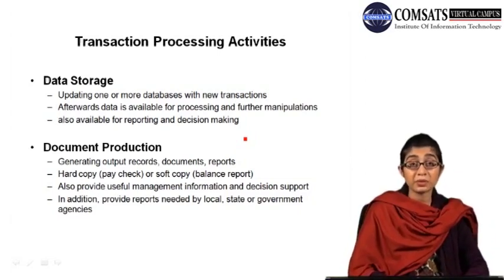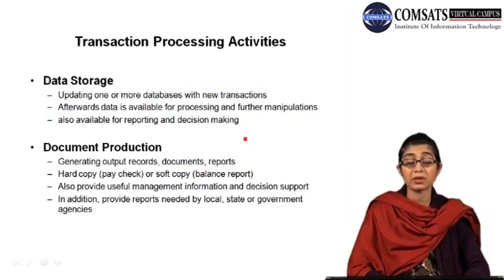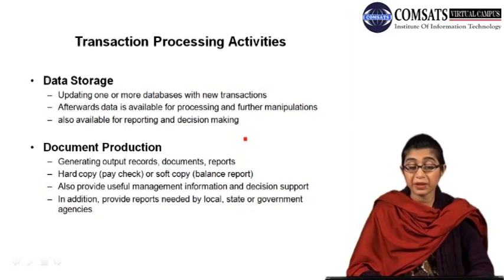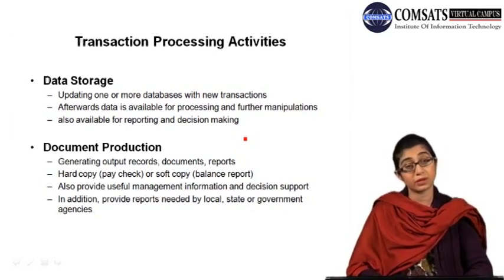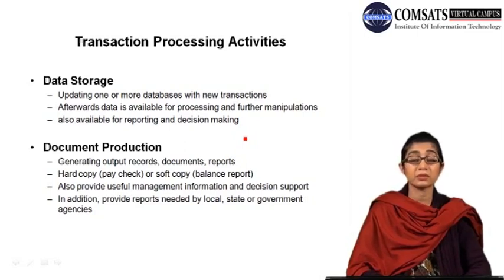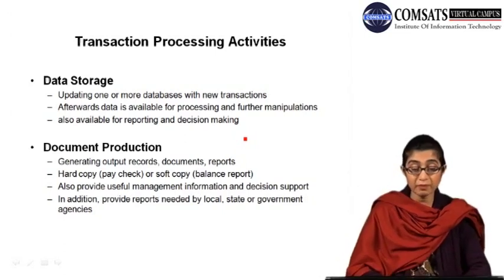Next we come to the document production. Document production means simply generating output records, documents and reports. So different kinds of reports, records that are generated by the TPS, that can be in the form of the hard copy, again the example of a paycheck, or they could be in the form of a soft copy, for example a balance report, which you can see on the screen.